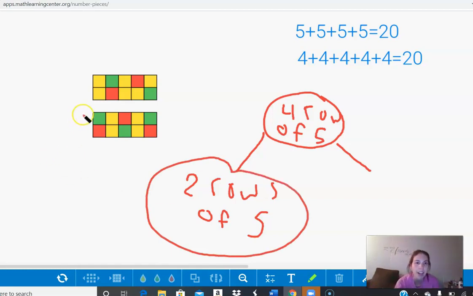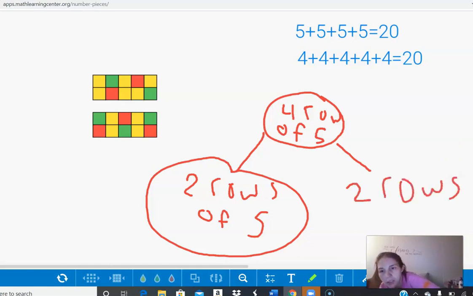And then how many do we have in our other group? We have 1, 2 rows with 5 in each row. So we have another group of 2 rows of 5. Okay?